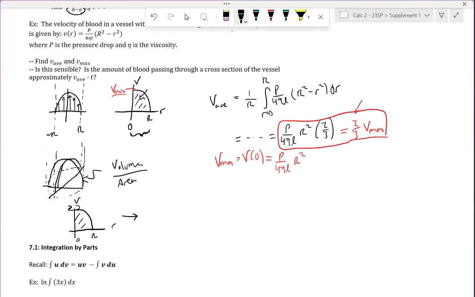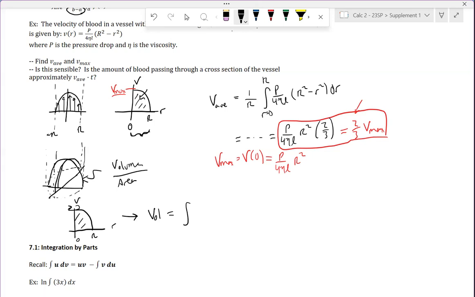So what can I do here? I can say that my volume is going to be the integral. And we might as well use shells for this.